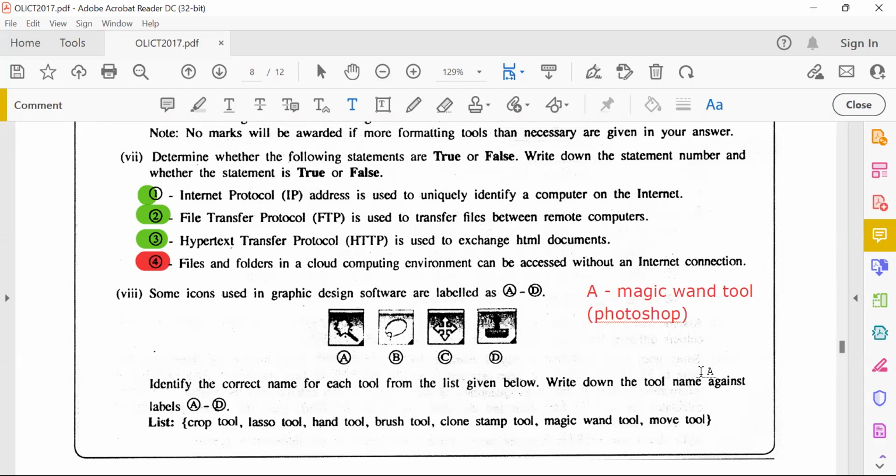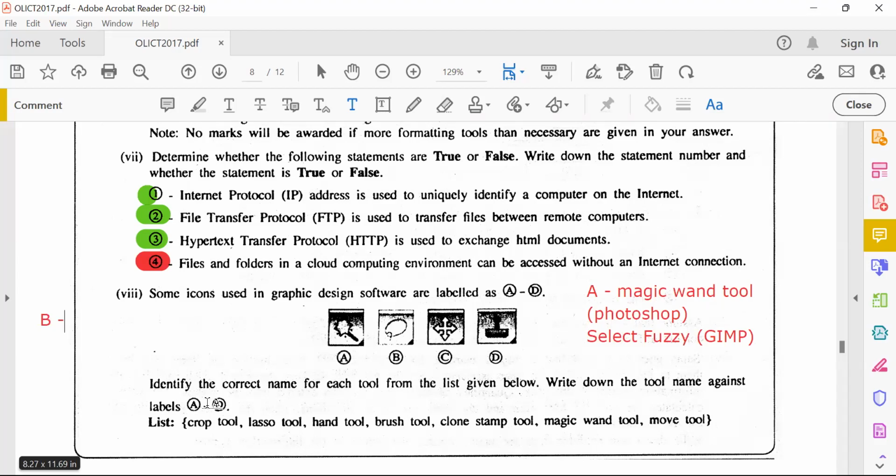The correct one here is Select Fuzzy in case you are using GIMP, right? When we learn this, it is Select Fuzzy. Then B, you can take these down because we never know what might come, but I assume these are the things that we have learned.